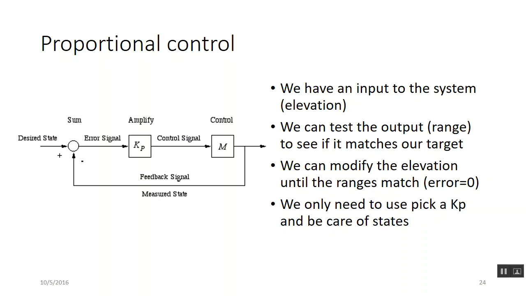And since the elevation angle is like 0 to 45, and the range is like more than 10,000 most of the time, just to get it in your head scale-wise, KP is going to be less than 1. If you put 2 in there, the cannon is effectively doing this whenever it's trying to solve something. Oh, that's way too much. That's way too little. You have to get KP kind of in the right neighborhood.